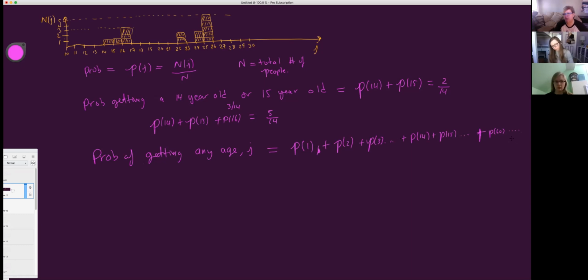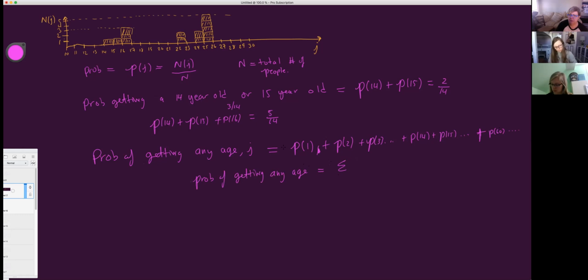You can even take this sum up to infinity, because we're only talking about our room. We only have certain ages in our room, but you can still take the sum out to infinity, because they're all 0 after 25 anyway in our room. So the probability of getting any age is equal to the sum.